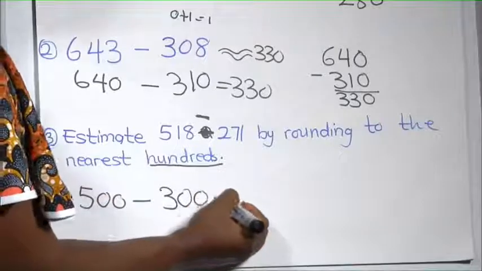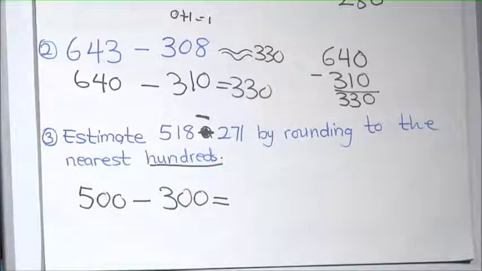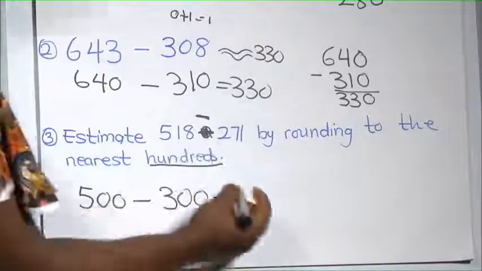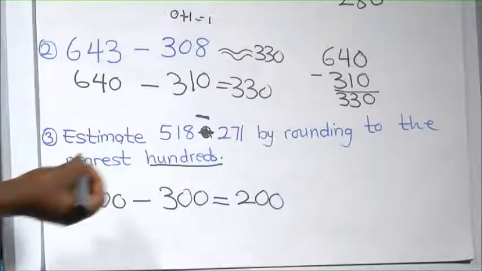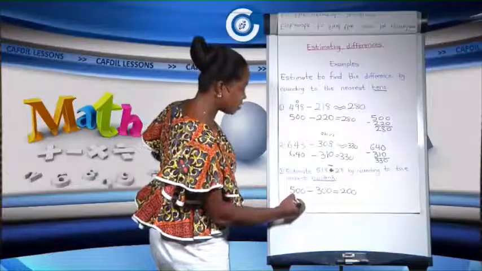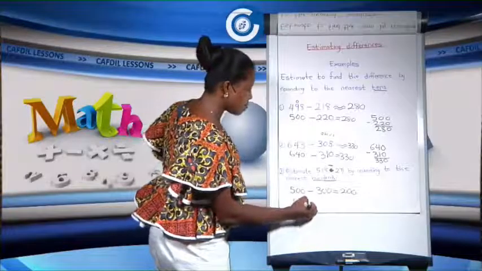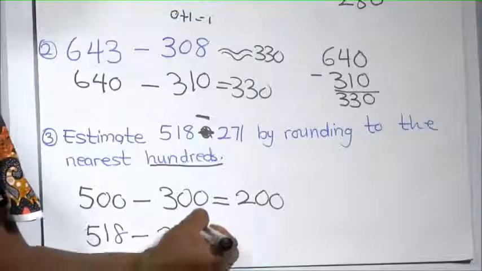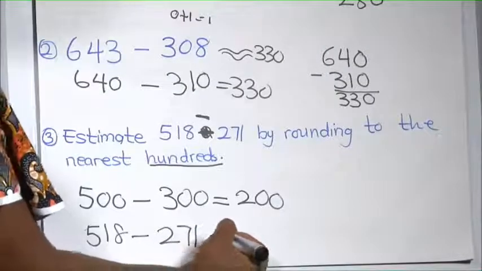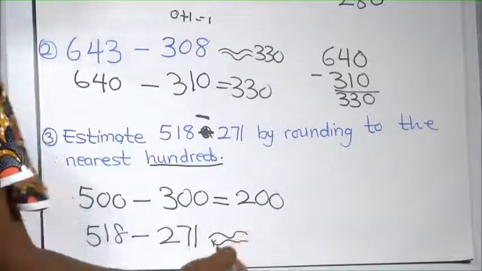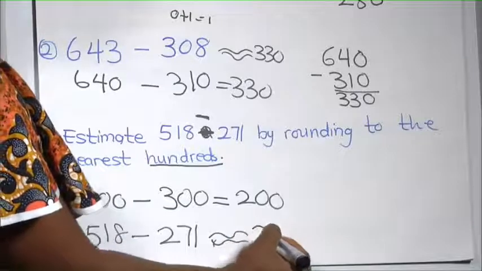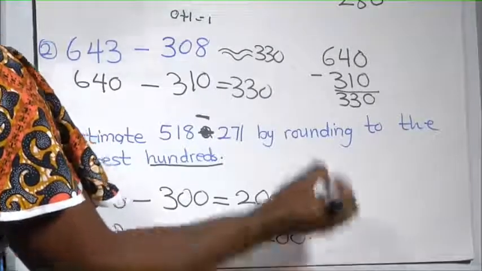Working with zeros is not difficult at all. 500 minus 300 is 200. So back to the question, 518 minus 271 is approximately equal to 200.